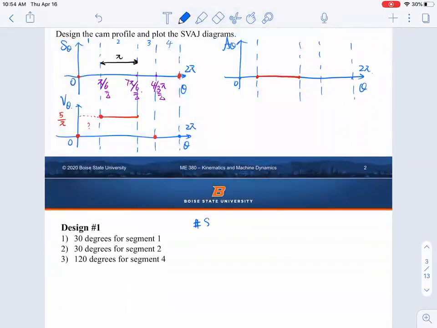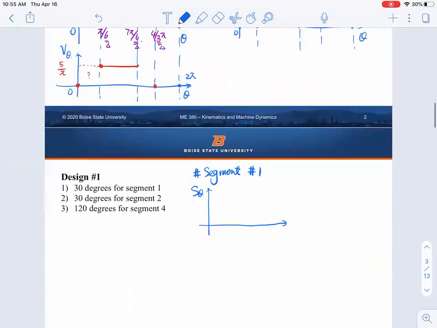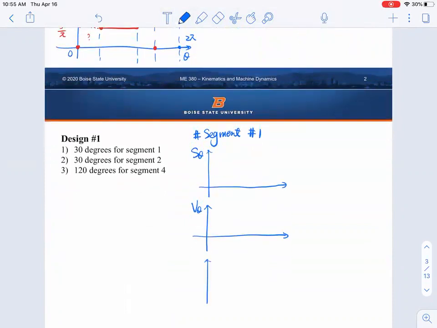So first, segment number 1. Let's draw out what we have. We have segment number 1 as theta, V theta, and A theta.